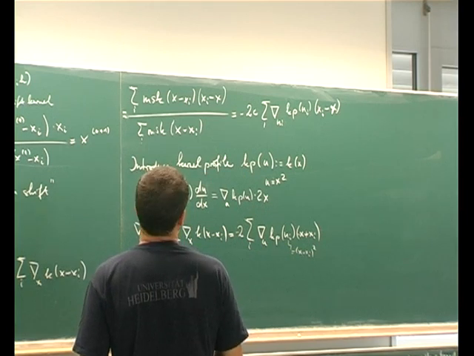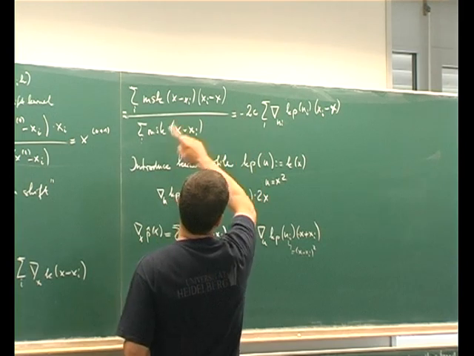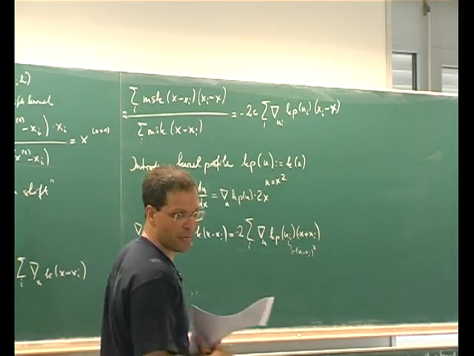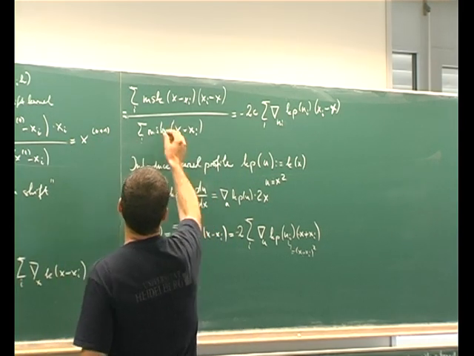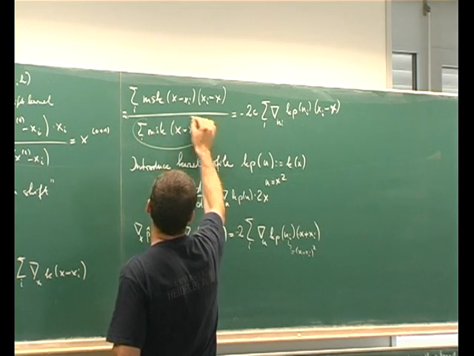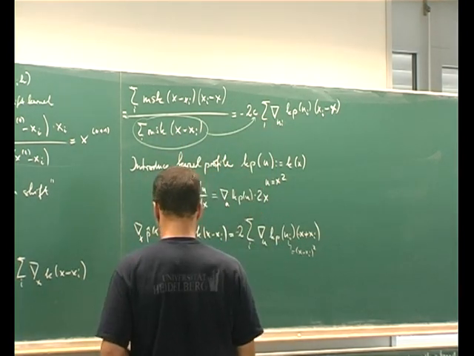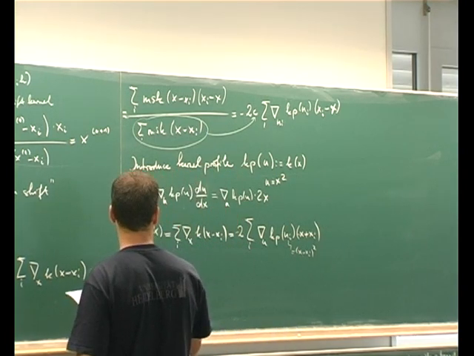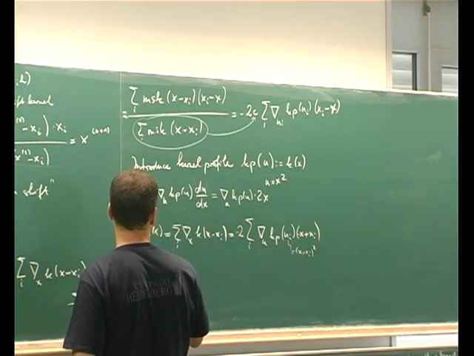Okay, we now have something that looks very similar on the left and on the right-hand side. I'm going to absorb this function of x into this constant to obtain, and the minus 2 I can also absorb in this constant.